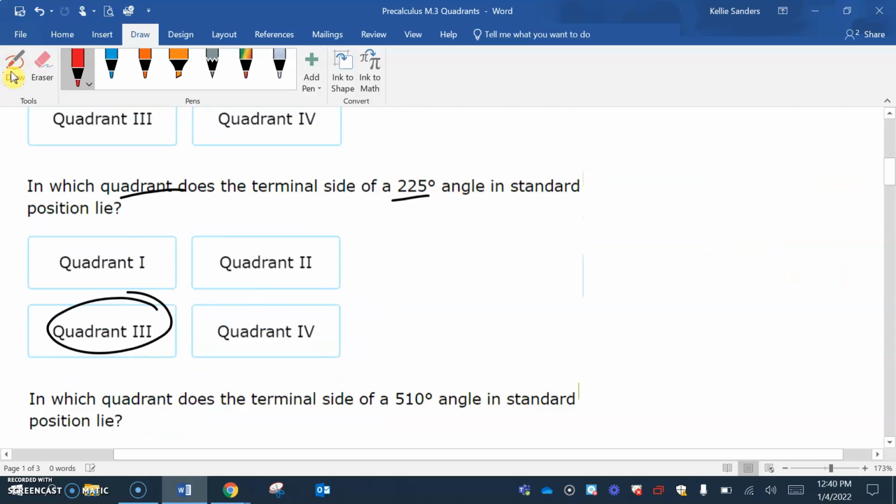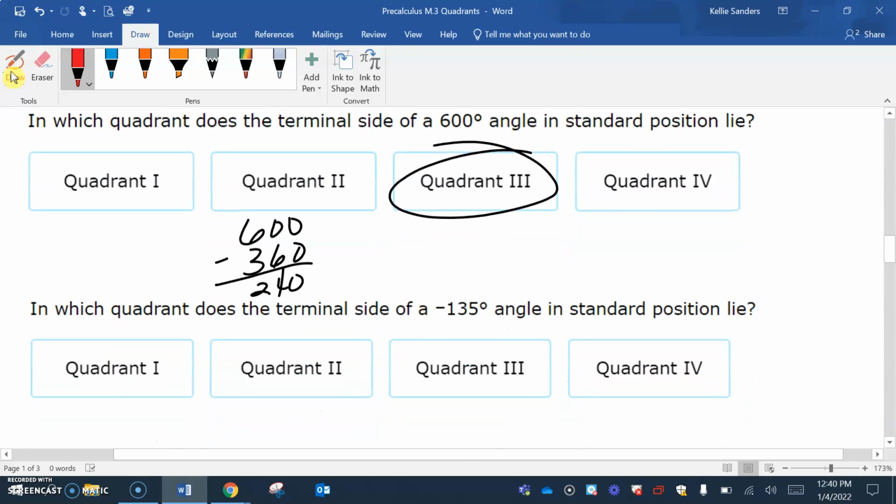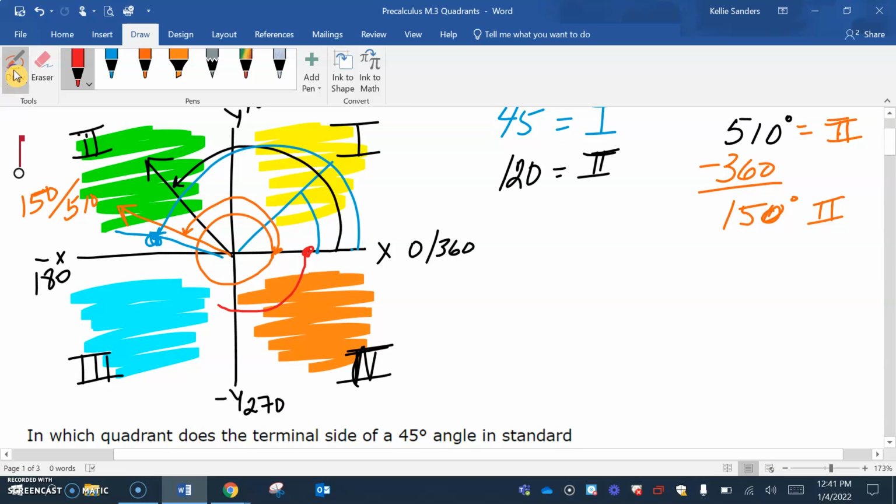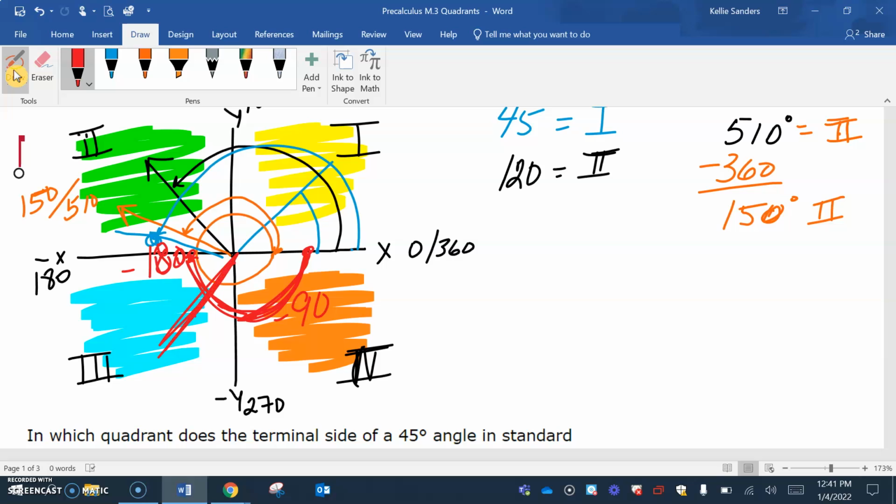And I have forgotten my angle. 135. So from here to here is negative 90. From here to here is negative 180. So negative 135 is going to be in the third quadrant.